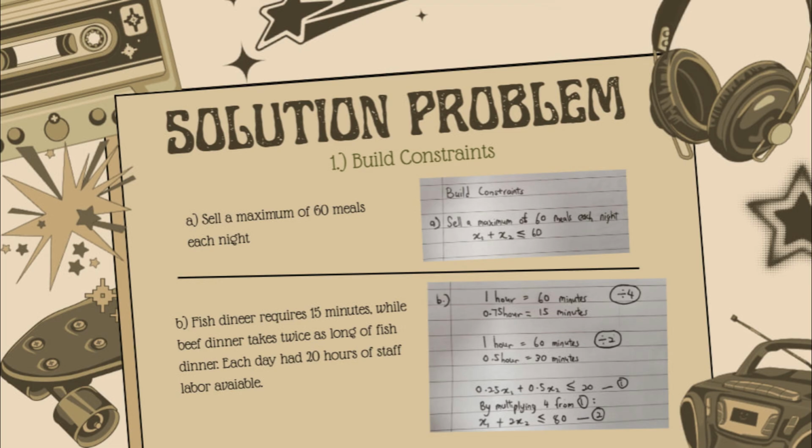The equation is 0.25 times x1 plus 0.5 times x2 is less than or equal to 20. We can simplify this by multiplying the entire equation by 4. This gives us x1 plus 2 times x2 is less than or equal to 80.